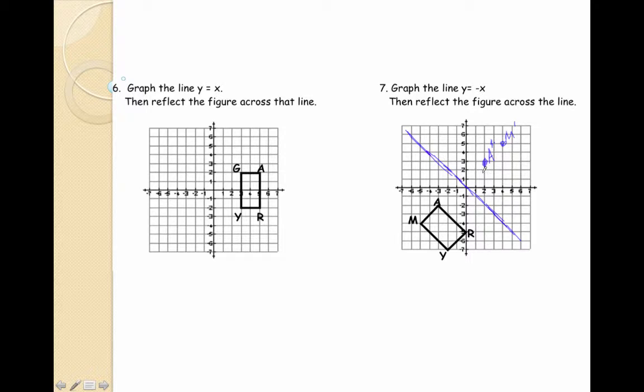There's Y prime. 1, 2, 3, 4, 5. R prime. Okay, so there's the reflection across that line.